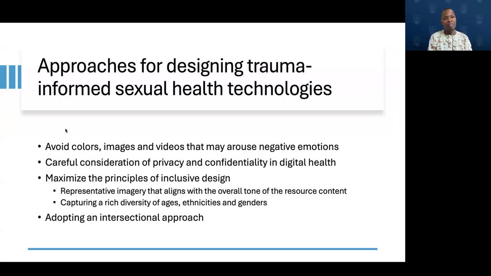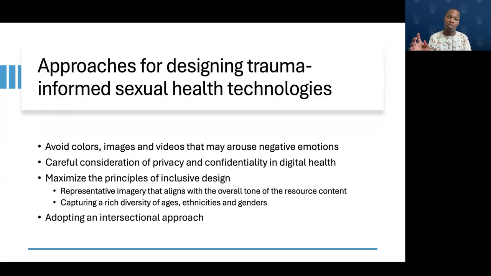There were quite interesting findings from the participants, and this might not be strange to a lot of you. Just as indicated before, people were concerned about the colors and images in the videos that may arouse negative emotions, and the fact that careful attention needs to be paid to making sure such content is not displayed on digital platforms.